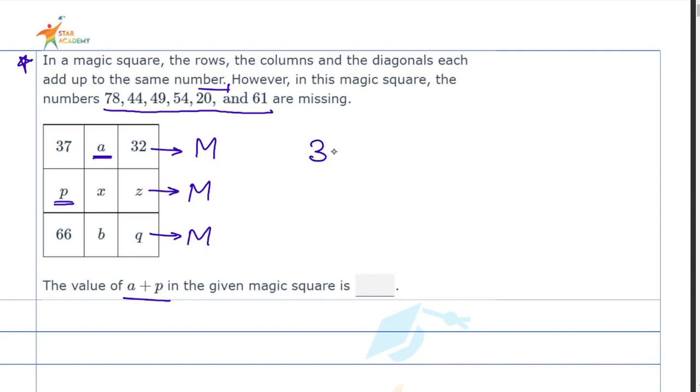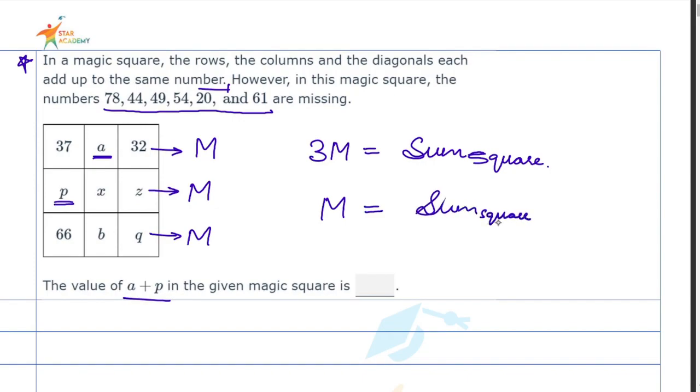So 3 times m is equal to the sum of all the elements of the magic square. So if I add all these elements, I can find the value of m. So m, the magic constant, is given by the sum of the complete square divided by 3.